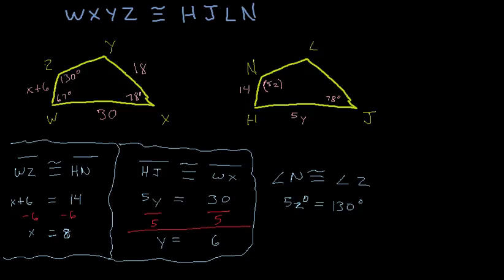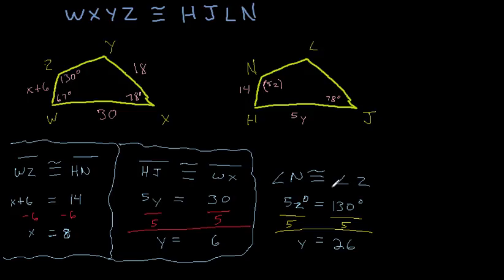So now the next step I've got to do is say, hey, divide both sides by 5. When I divide both sides by 5, I find out that y actually equals, well, 130 divided by 5 is 26.